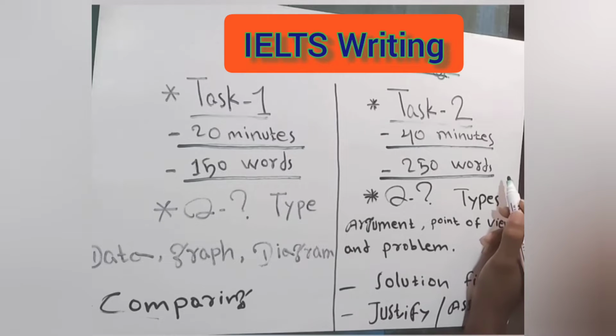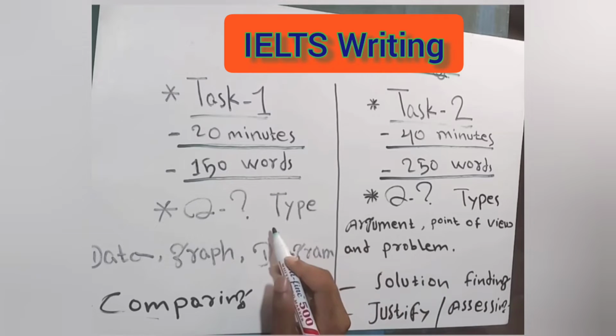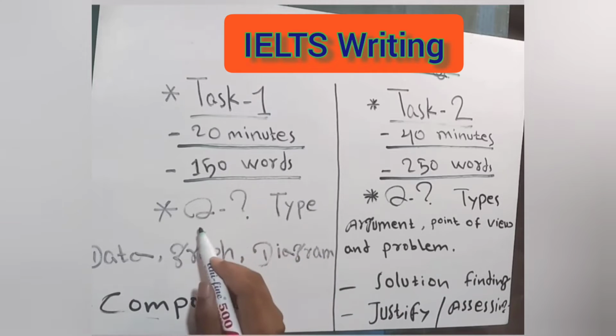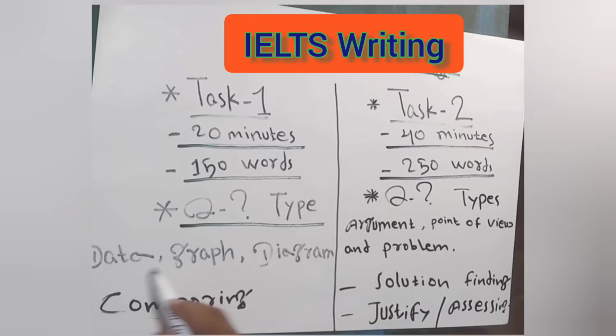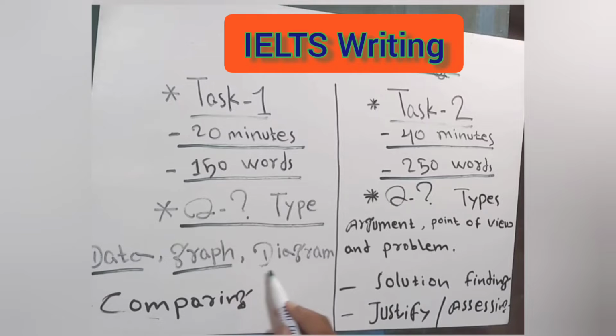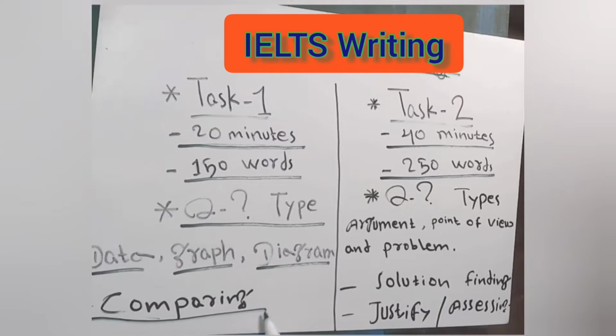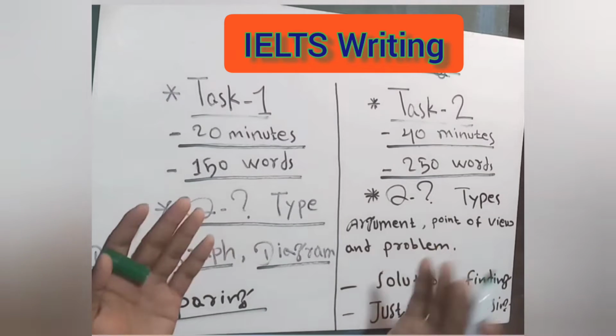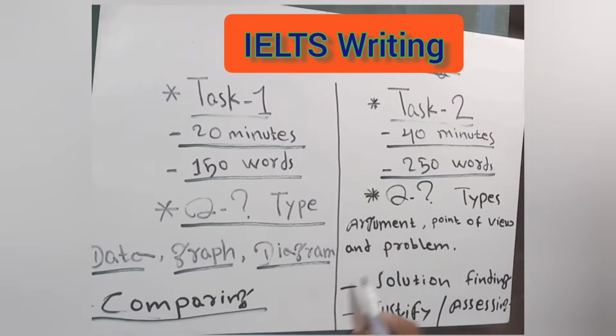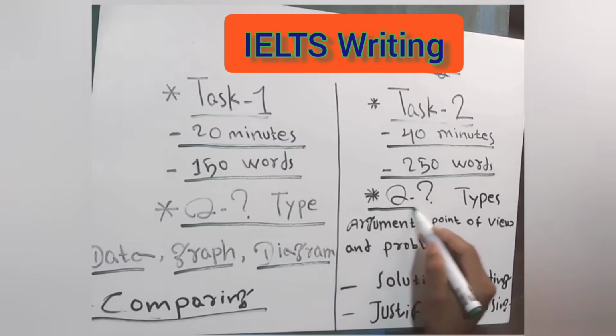So, let's see what the question types will be. For Task 1, the question types will be some data, including graphs and diagrams, right? So, for Task 1, you just need to compare the diagrams, right? You just need to compare both sides, right? So let's see the question types of Task 2, right?